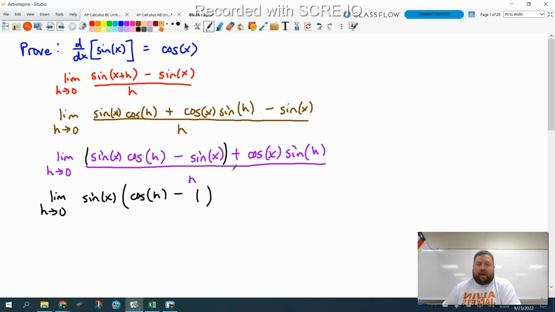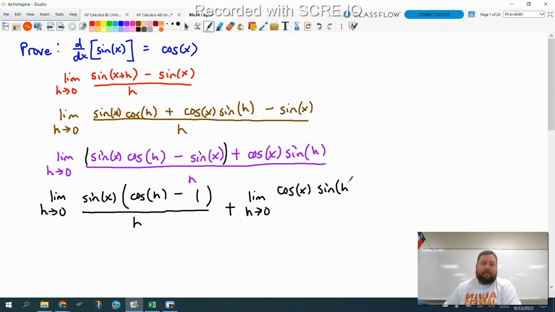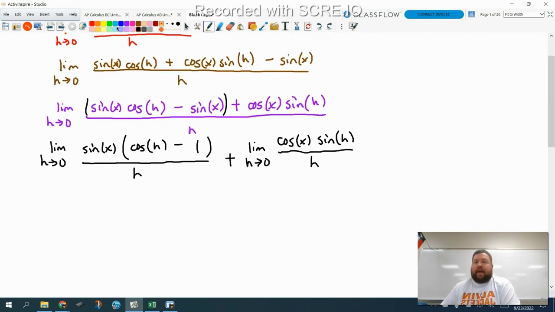Then I'm also going to split this limit up into two limits at this plus sign. So this is all over h, and then plus the limit as h approaches 0 of cosine x sine h divided by h. We've seen this happen with limits before, especially with our definition of derivative, that the variable is h.